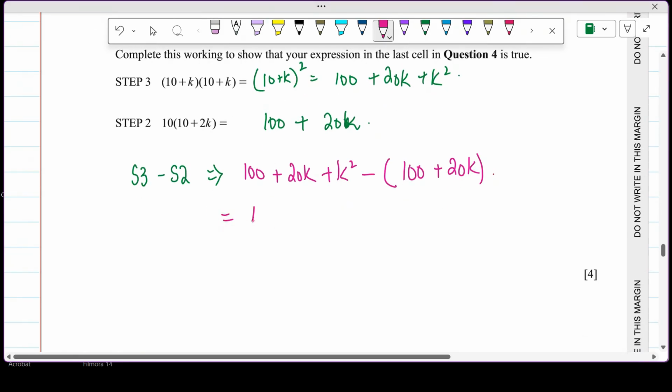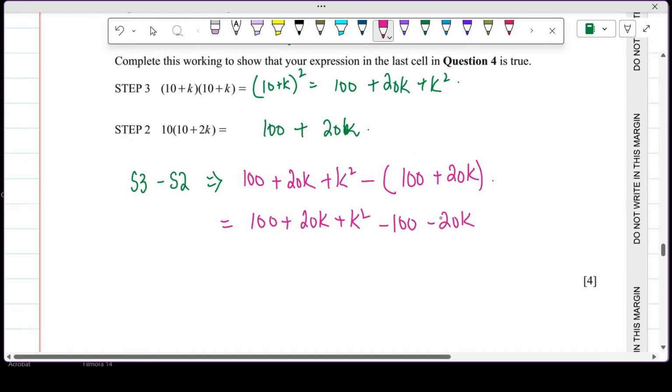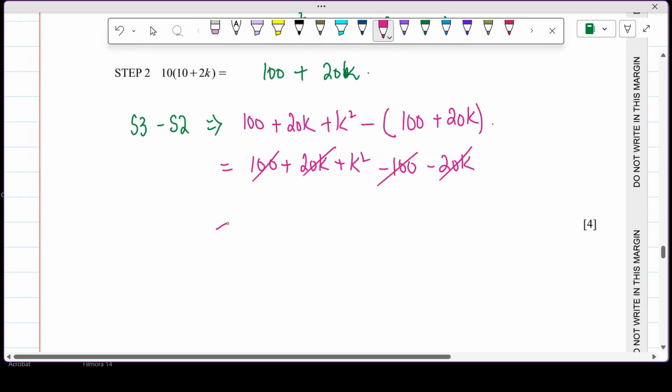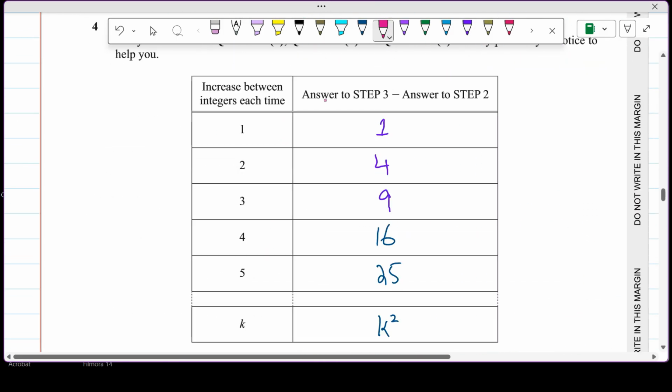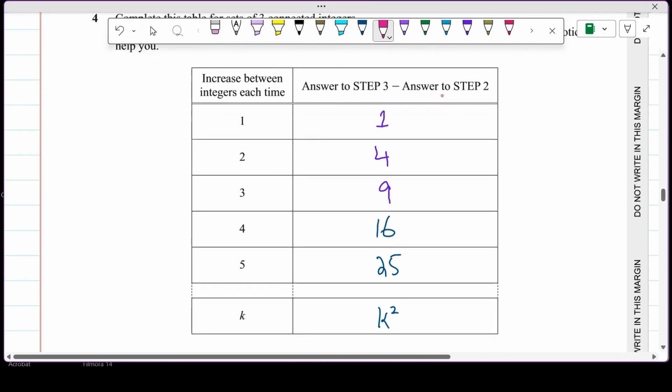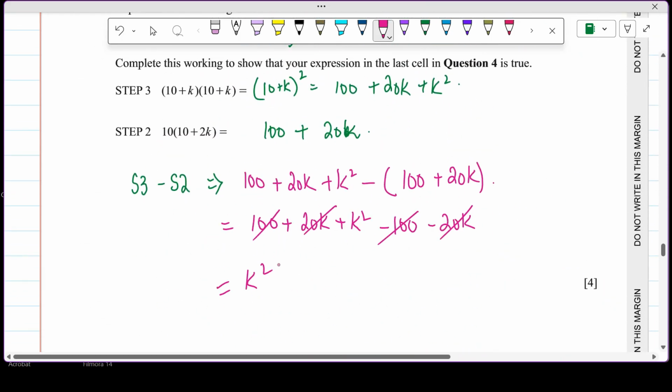Further solving, we will have 100 plus 20k plus k squared minus 100 minus 20k. Positive and negative 20k will cancel out, and negative 100 and positive 100 will cancel out, and we will have k squared. The difference of the answers to step 3 and step 2 was k squared. So in this case, it confirms.